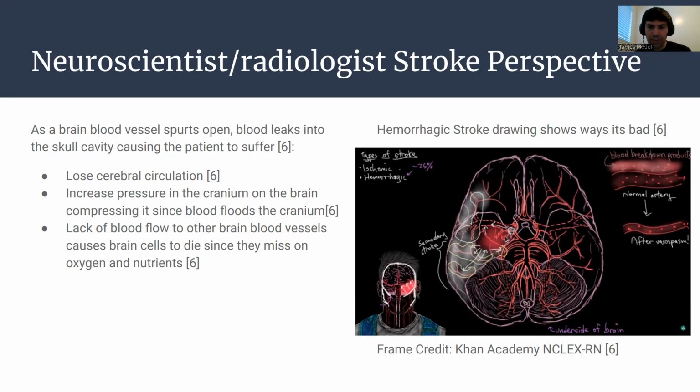But another issue is lack of cerebral circulation to the different areas of the brain. And by the blood leaking out and coming in contact with the other brain blood vessels here, what actually happens is they go from a nice wide blood vessel to more of this narrow blood vessel, and that typically is called a vasospasm.